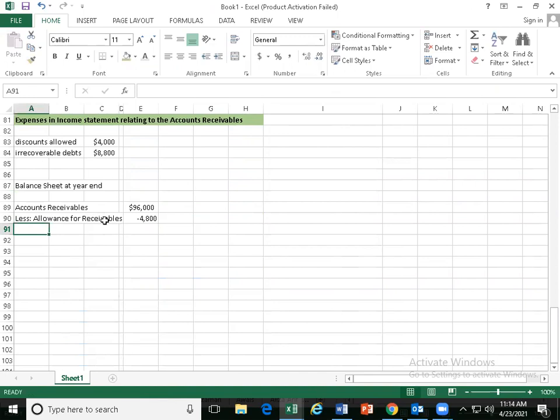So what we are saying is we are showing to the shareholders a risk against 96,000, that we feel 96,000 will be collected, but just in case, who knows, 4,800 may not get collected. So after these 4,800, the remaining are good customers or good receivables, which are called net receivables, which reflect the good receivables. Okay, so 96,000 minus 4,800, that gives us $91,200 net receivables shown in the balance sheet.